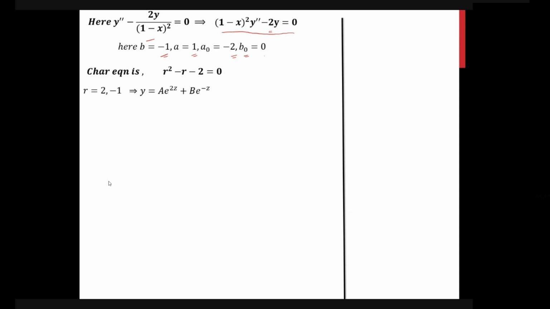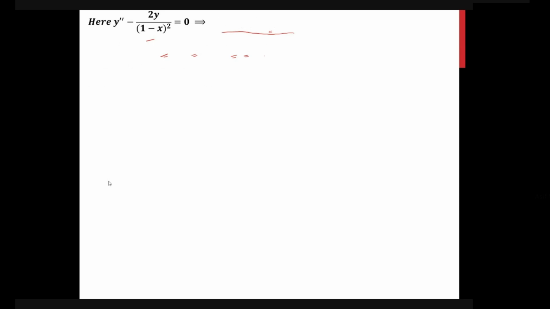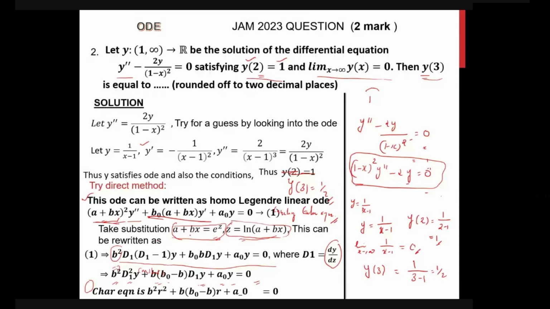Now we have changed the variable x to z, and the solution is of the form y equal to a e raised to 2z plus b e raised to minus z. Now we know that z equal to log of (1 minus x), so we will substitute here, and we will get y equal to a (1 minus x) squared plus b (1 minus x).